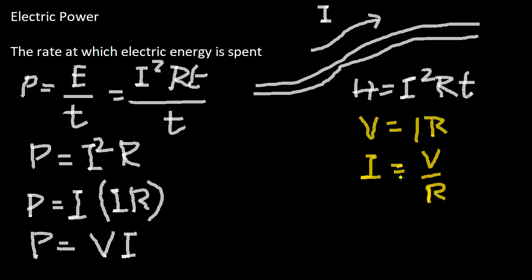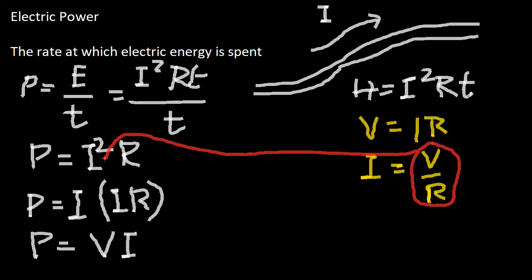So in place of this I, we are going to plug in the value of I from this expression. We are going to take I is equal to V by R and plug it in place of I, and what we will get is a very nice expression.